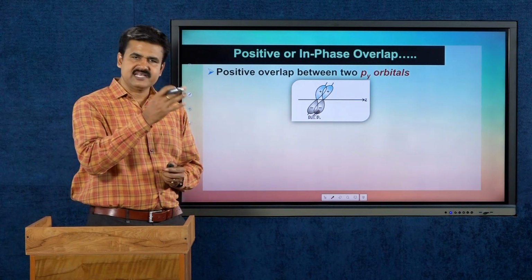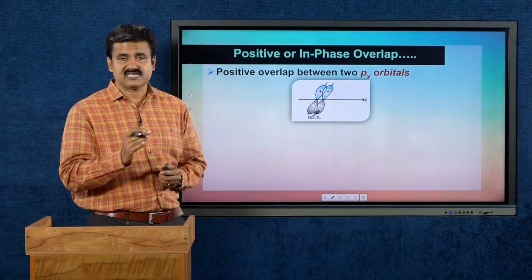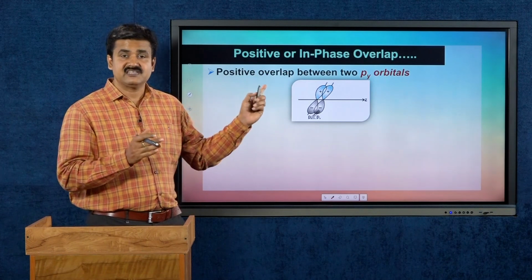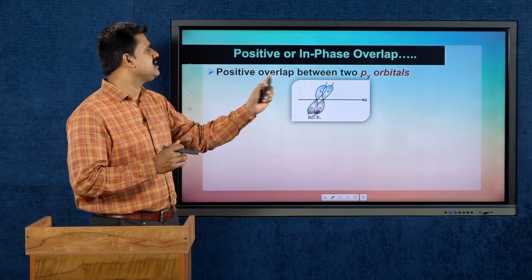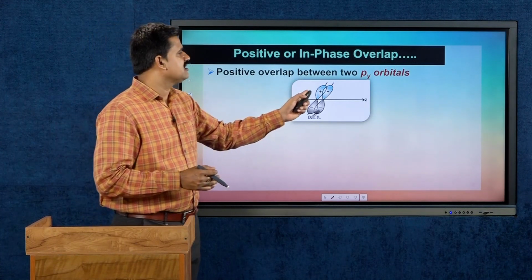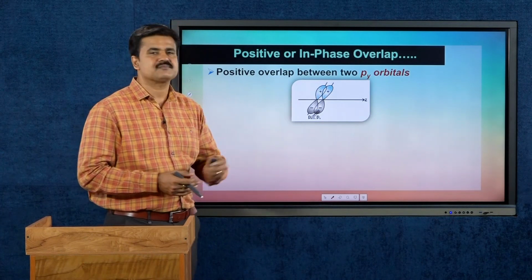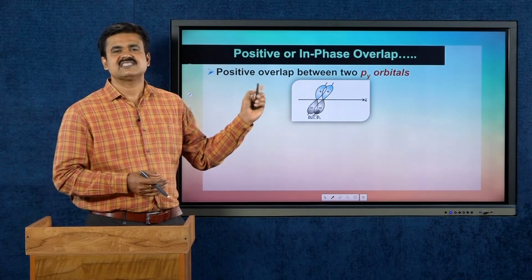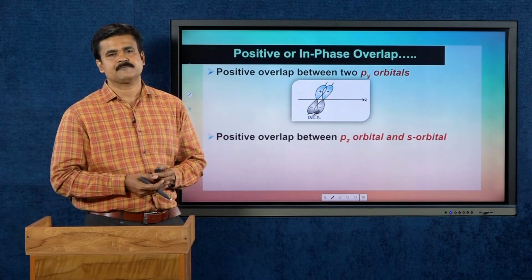We already showed the positive overlap in two pz orbitals, two px orbitals, and this is the pictorial representation of the positive overlap between two py orbitals. The like signs overlap here. So, the plus plus part will overlap, minus minus part will be overlapping. So, this is the positive or in phase overlap between two py orbitals.